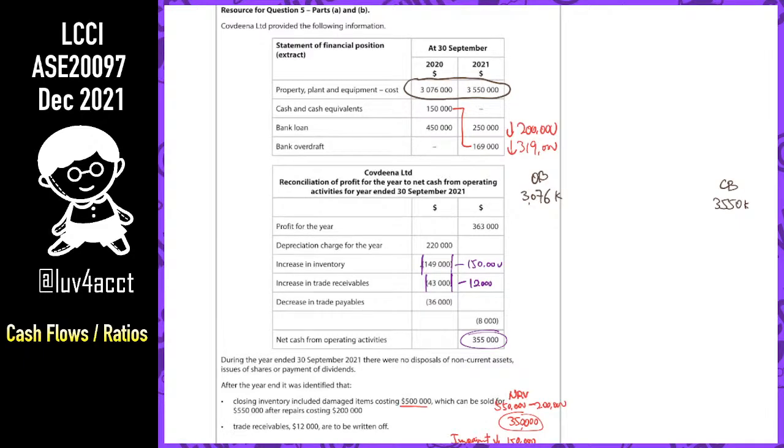In between, what happened? There might be purchases, there might be disposal, but here we don't have any disposal, so 0 here. And then you also have depreciation for the year, then it becomes your closing balance. Depreciation is given to you, 220.